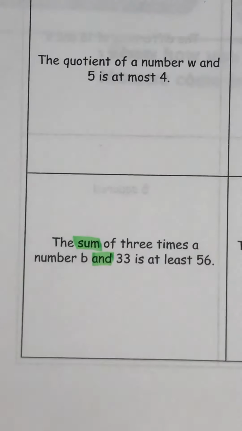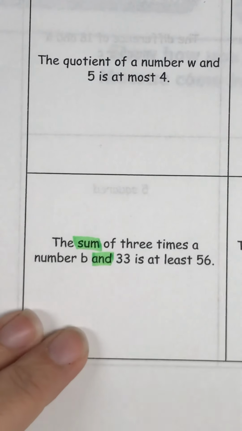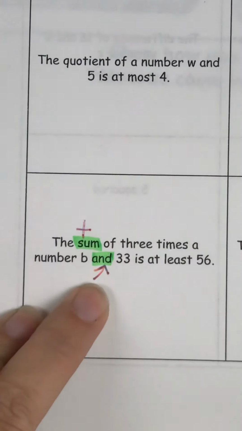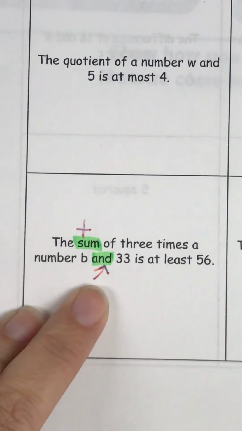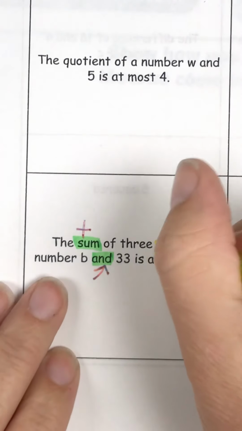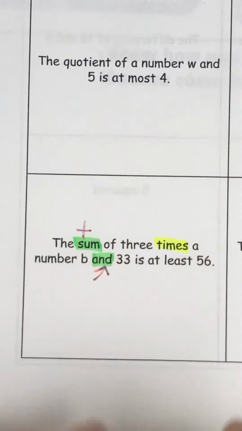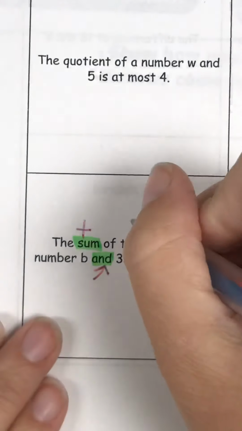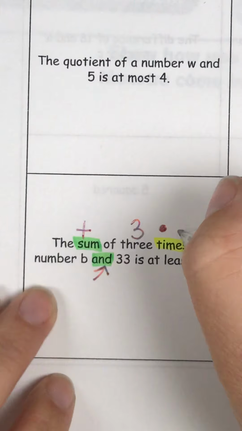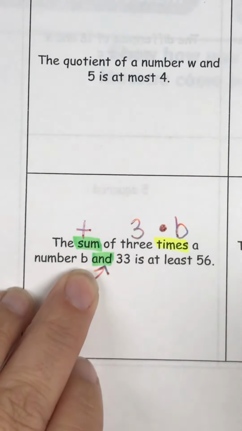I'm just trying to use that as a tool to help you identify what some of these words are. Okay, and I know that sum, that word means to add, and it's always going to go where the and symbol is. So that's where that plus sign will go. 3 times. Times means to multiply. And it's telling us that we're multiplying 3 and a number b. So I'm going to write the number 3 so I don't have to read that word again. Times. And then it says a letter b there.